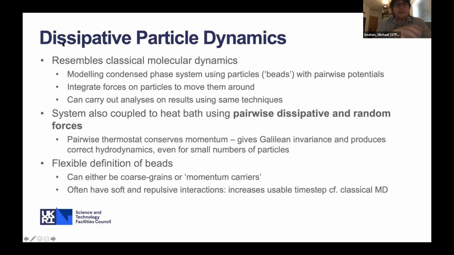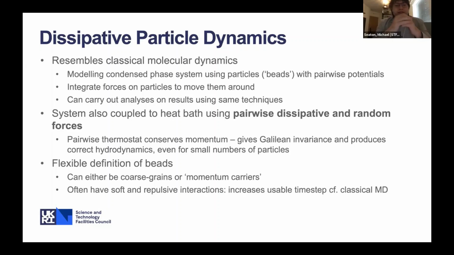Because DPD and molecular dynamics operate in a similar manner, if you want to carry out analyses on the results, the same kinds of things that you carry out in molecular dynamics, you can with DPD as well.